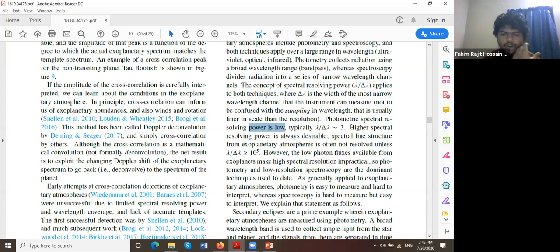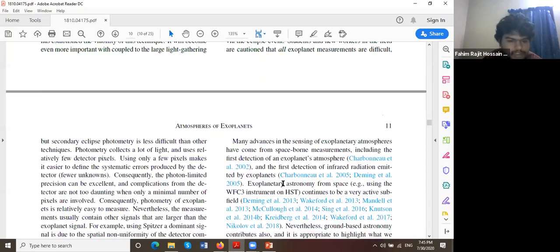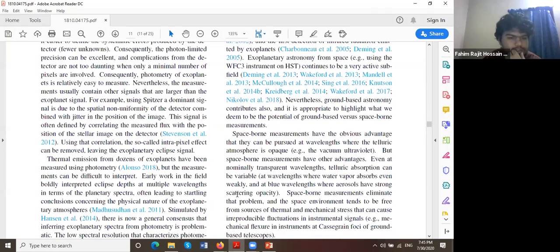Of course, high resolving power is always desirable. Spectroscopy gives us high resolution data of any atmosphere, so spectroscopy is always preferable for us. And it also mentions why this is the case.